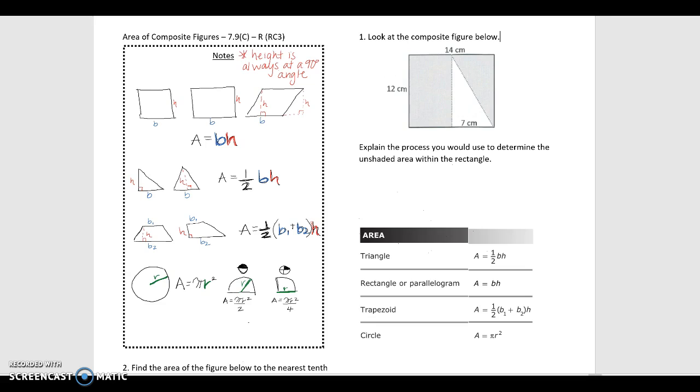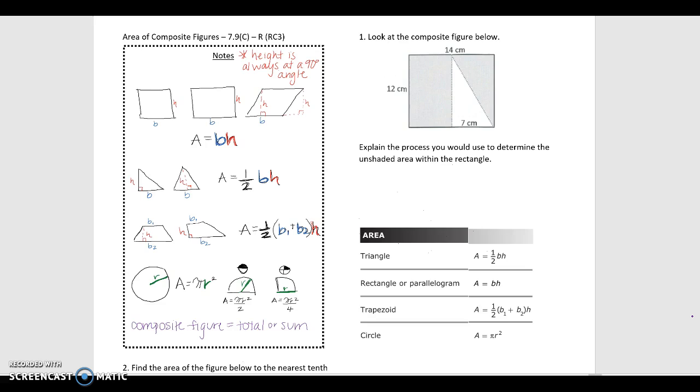The other thing that I want you guys to know is when it asks you for the area of the composite figure, that means the total. So the composite figure is going to be the total, or the sum of the pieces.